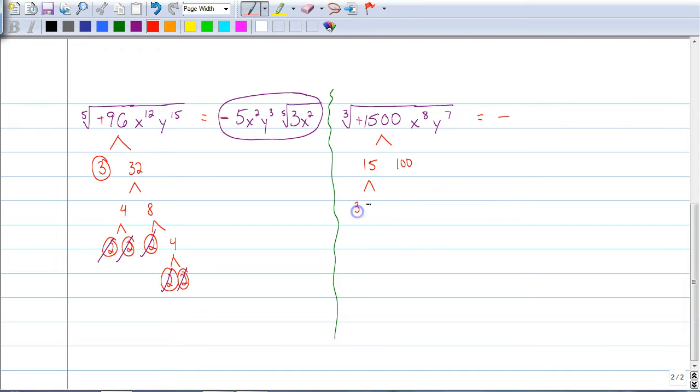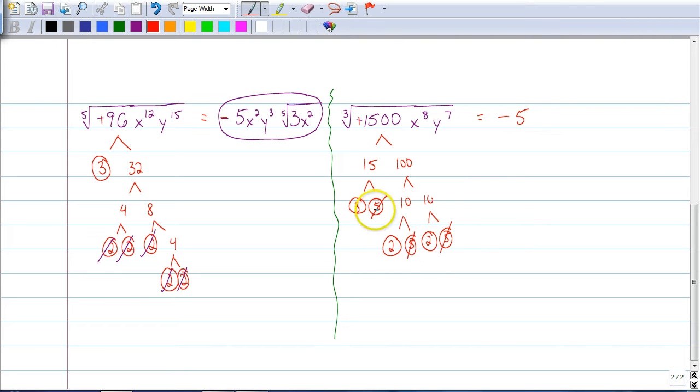15 breaks down to be 3 times 5. 100 breaks down to be 10 times 10. 10 breaks down to be 2 times 5, and those are prime. So this is a cube root, for every 3 of the same number, I take 1 out. 1, 2, 3, 5, so I take out a 5.